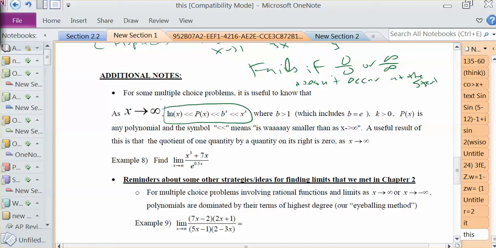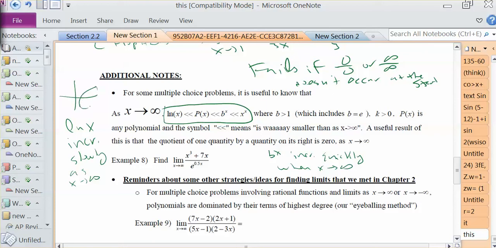Even though natural log of x is approaching infinity when x is approaching infinity, or something to the x power, or even x to the x power, natural log of x moves slowly as x approaches infinity. b to the x increases quickly when x approaches infinity. That's because ln x looks like this, and b to the x looks like this.